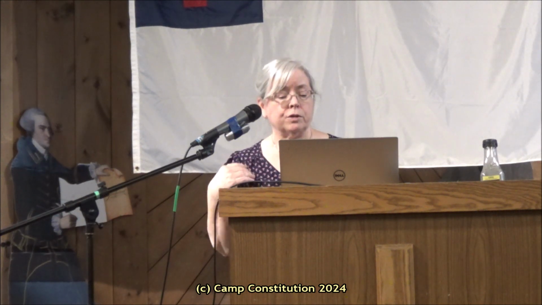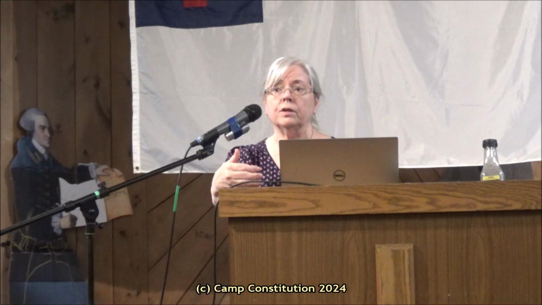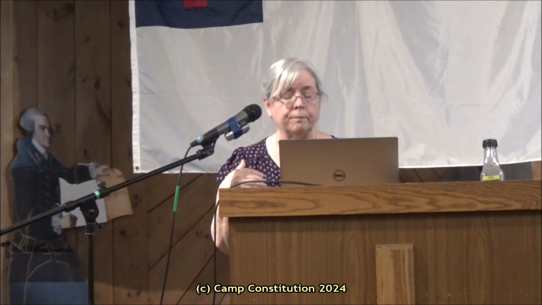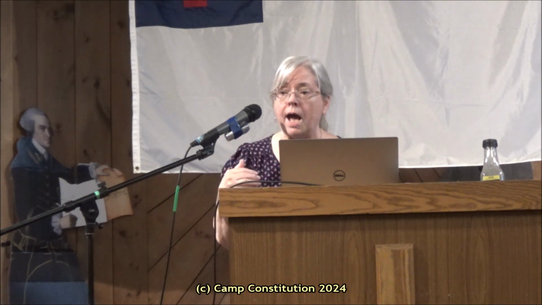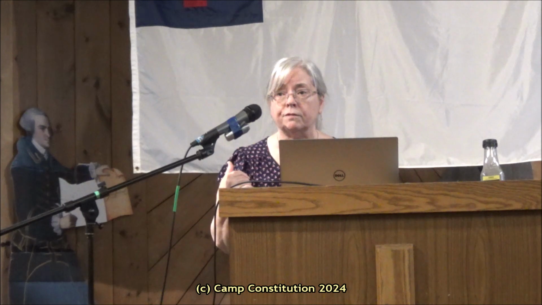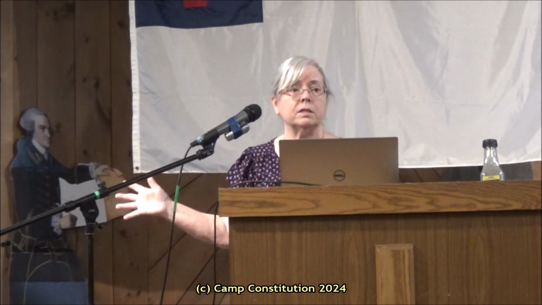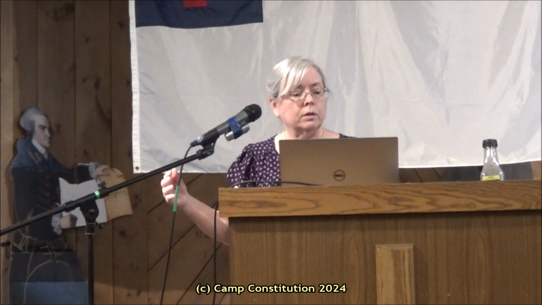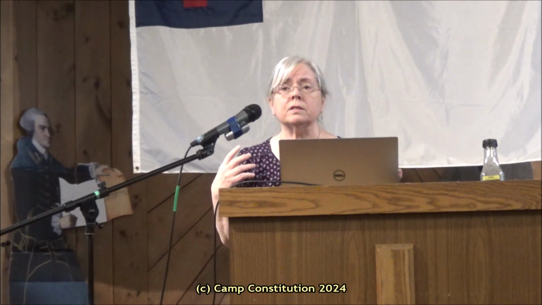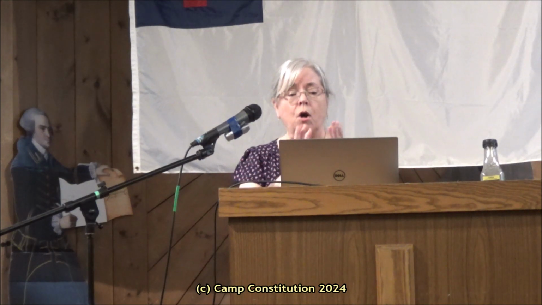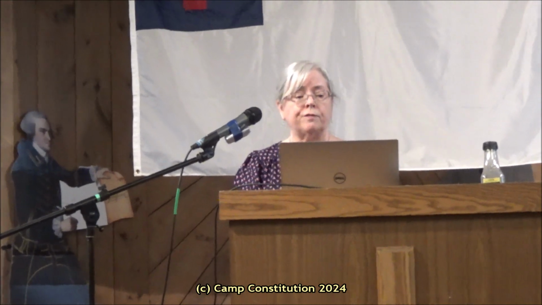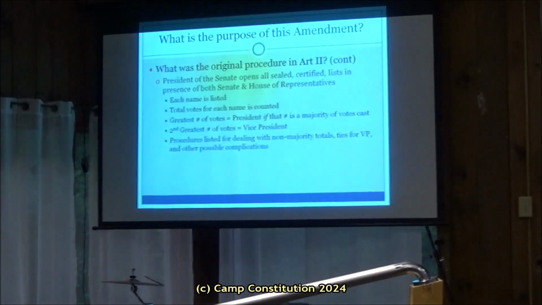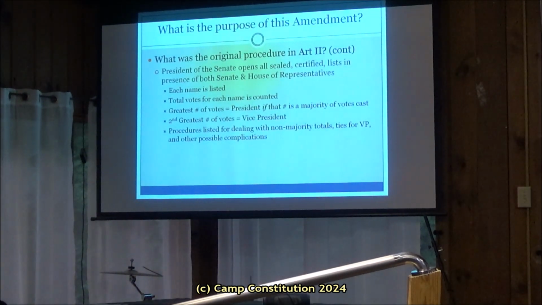Then they make a list of all those names, and they list the number of votes each of them got. That list is tallied, signed, certified, and sealed. It was sent to the seat of government, originally New York and then later on DC. And then the President of the Senate, on a day appointed, opens all of the sealed certified lists in the full presence of the Senate and the House of Representatives.